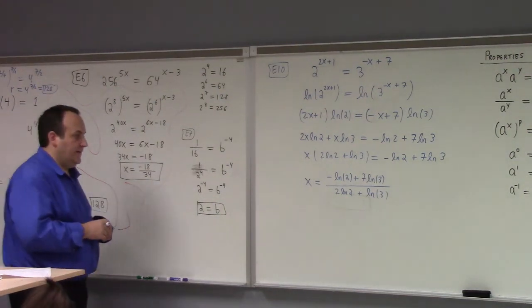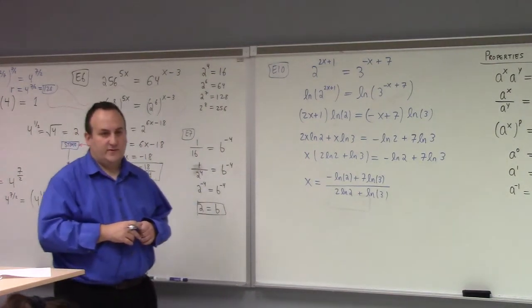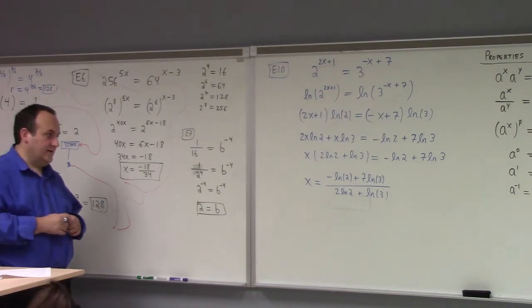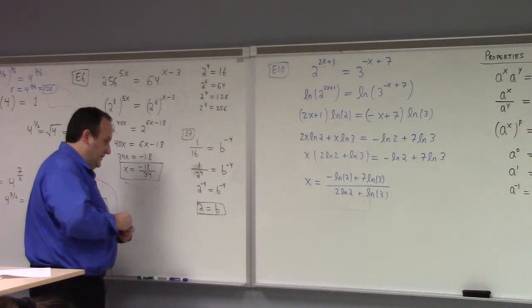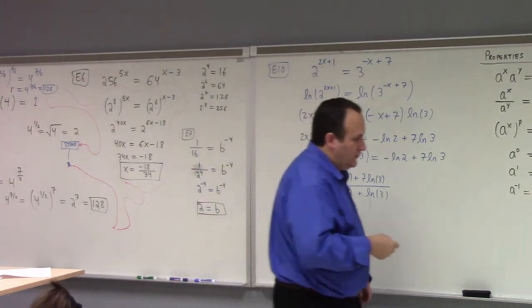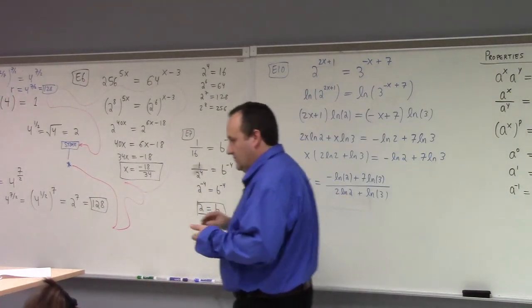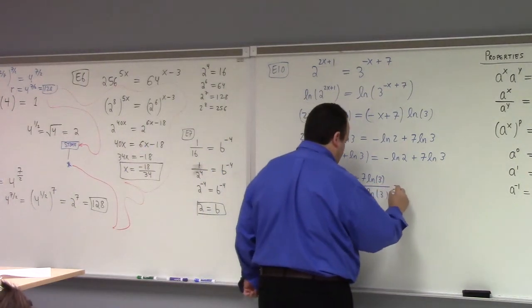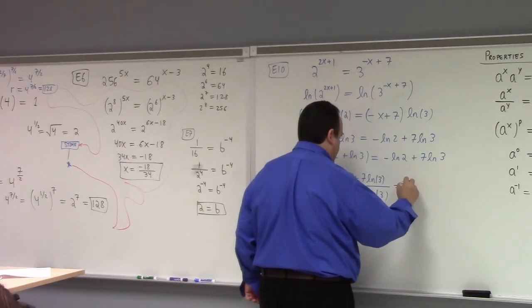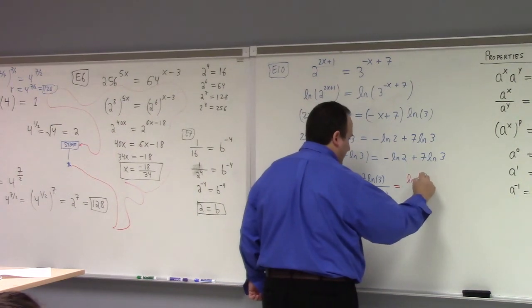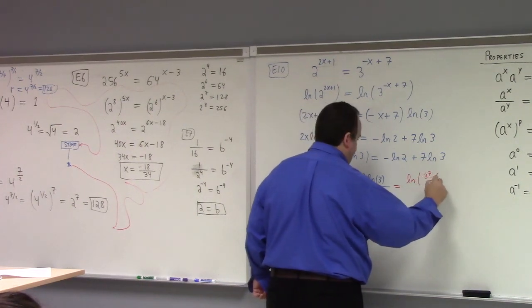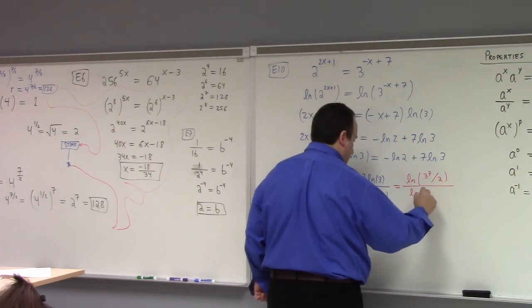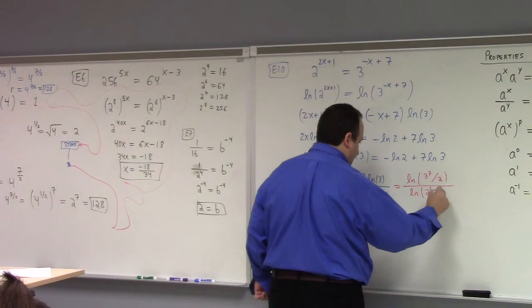Of course, we might want to do better. We might want to give our answer as a decimal, or use properties of logarithms to simplify the numerator and the denominator. Let me show you how that goes. We could simplify our answer a little bit. One thing I could do is write this as the natural log of 3 to the 7th divided by 2, over the natural log of 2 to the 2 times 3.